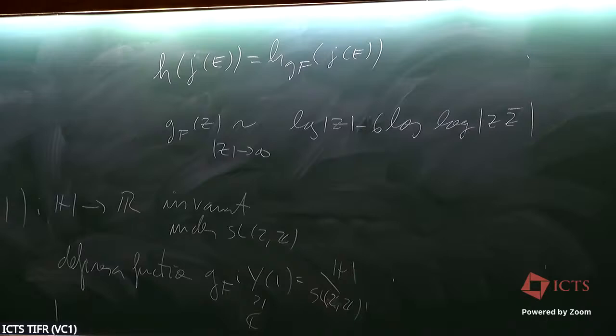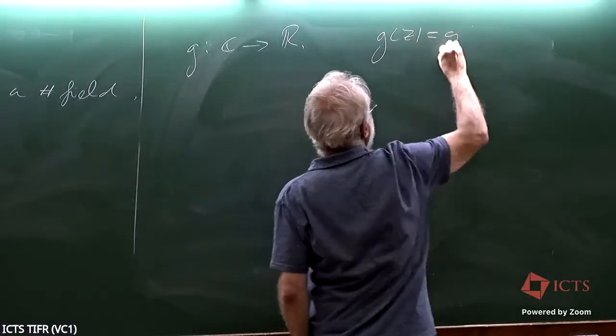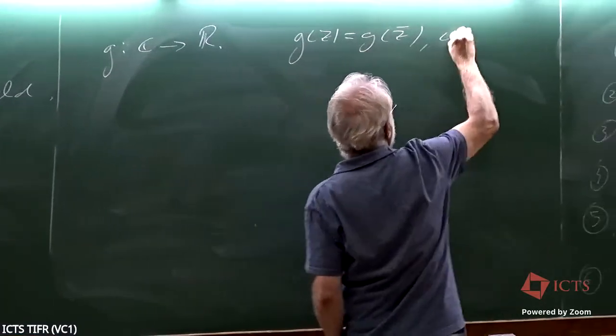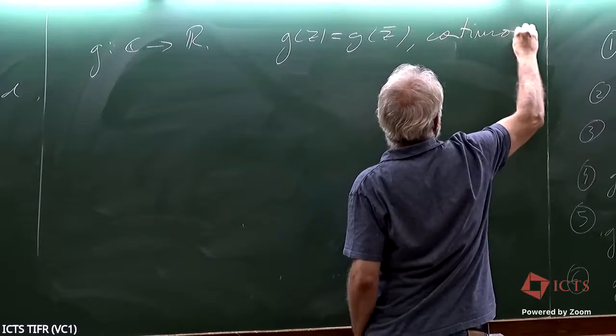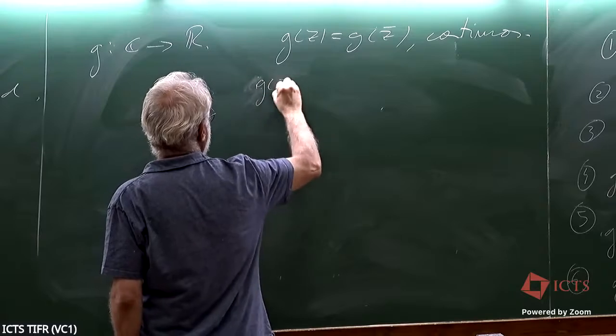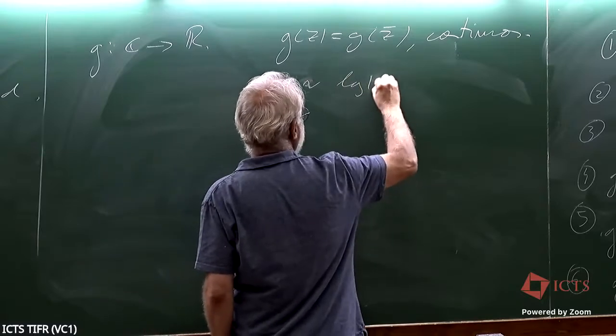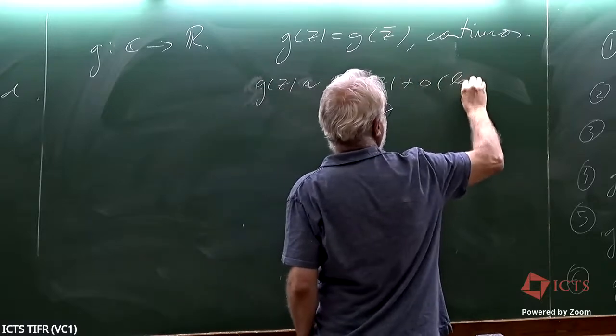So I have G that goes from C to the real numbers, G of z equal to G of z bar, continuous. And G of z is asymptotic to log of the absolute value of z plus a small o of log of the absolute value of z.